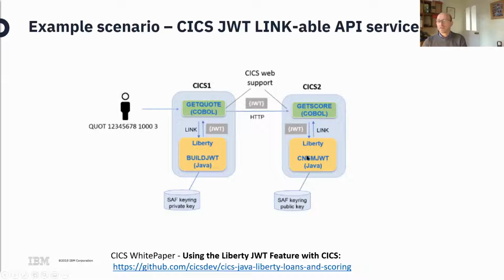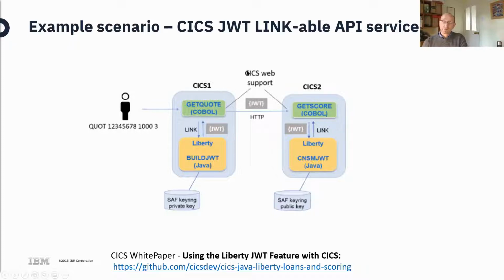It then needs to verify that, and it can link to another Java program called consume JWT, or CNSM, which can then verify the JWT, again using the Liberty JWT support and the SAF keying.